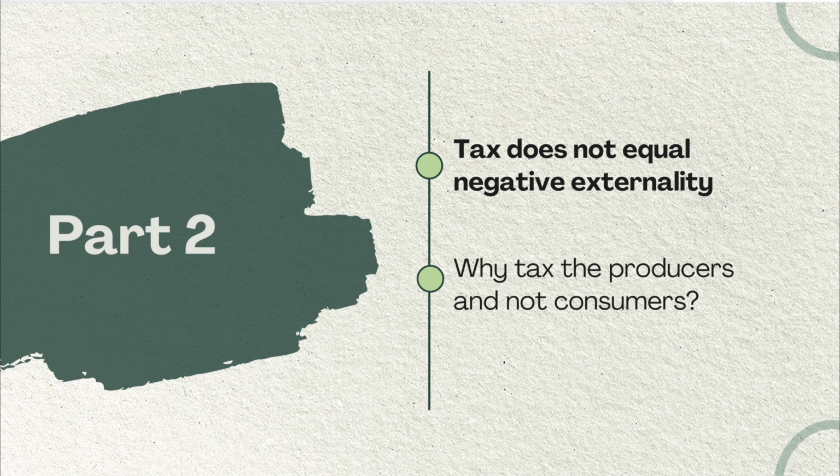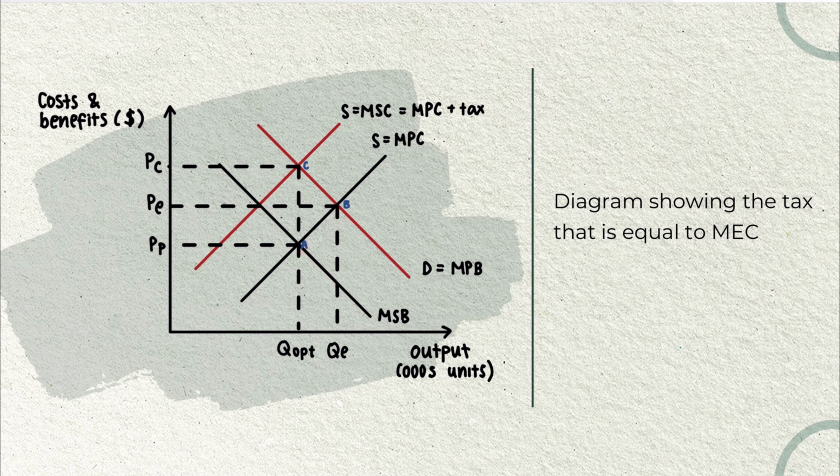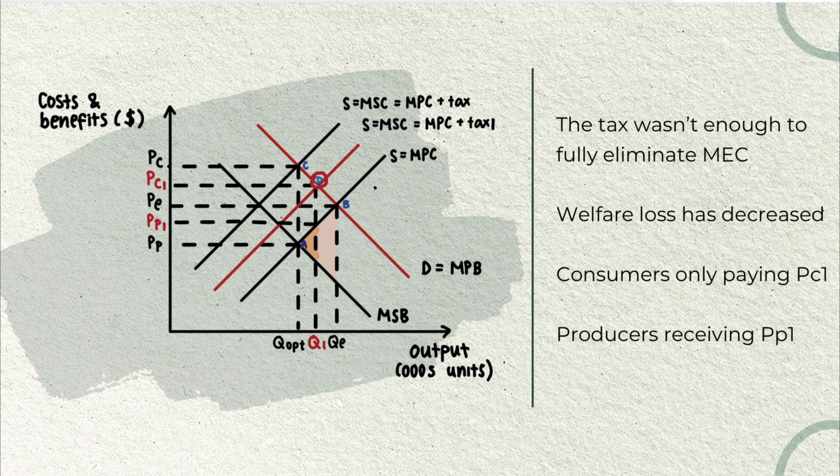Now I'm going to show you what happens if the tax does not equal the negative externality, and how that looks diagrammatically. This is the diagram that illustrates tax equals the marginal external cost, but in the next slide, I'm going to show you when they don't tax enough. As you can see, the tax wasn't enough to fully eliminate the marginal external cost, and the welfare loss has not completely decreased.